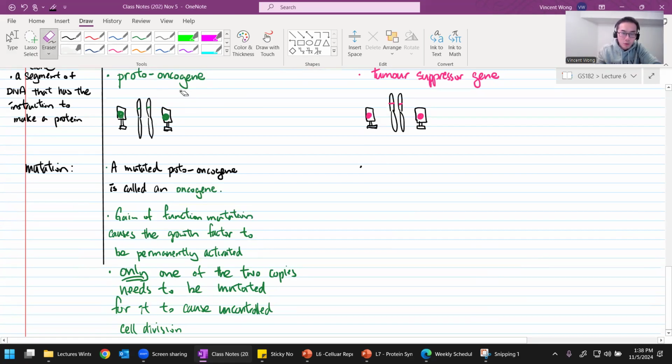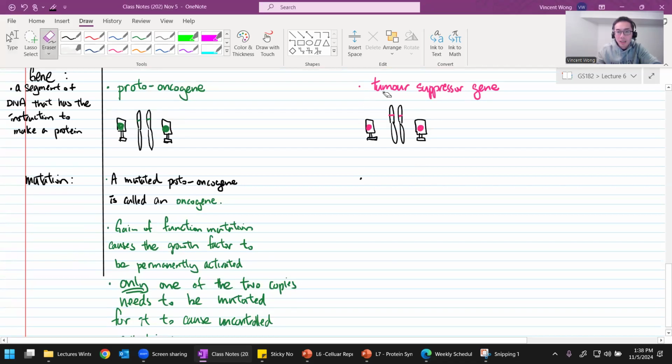Unlike the proto-oncogene, where when it mutates it changes name, there is no special name after the tumor suppressor gene gets mutated, okay? But instead of a gain of function mutation, the problem that we have here with the tumor suppressor gene is actually the opposite. It is a loss of function mutation, okay?